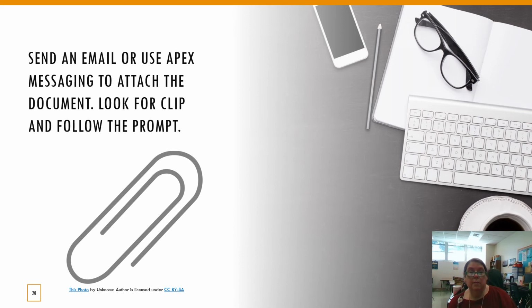Make sure it's attached to the document so that when you click send, it's there. Now some emails will ask you, did you forget to put the attachment? Not all of them do, but if they do, then maybe double check. I've done that a number of times where I thought I sent an attachment and it wasn't there. Again, you can also put it in the Dropbox in Sakai.